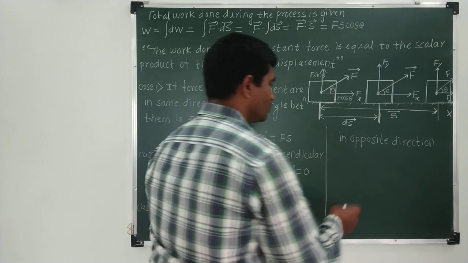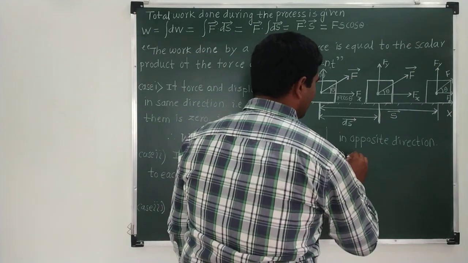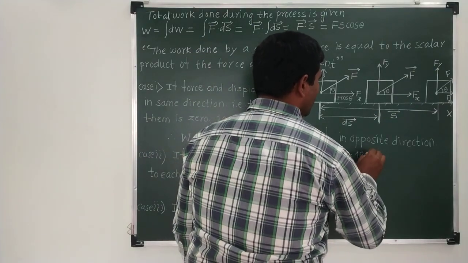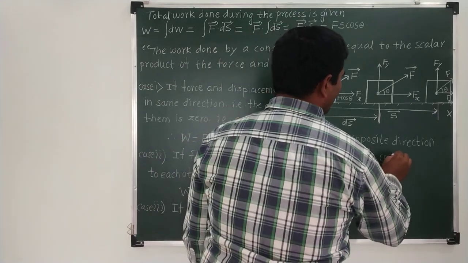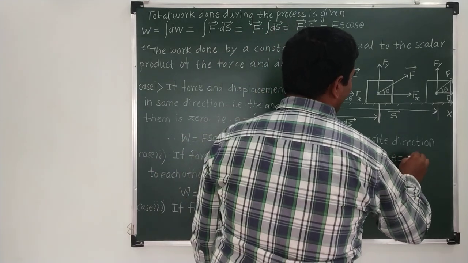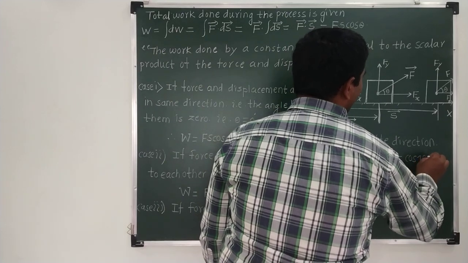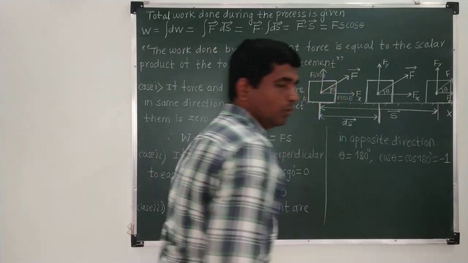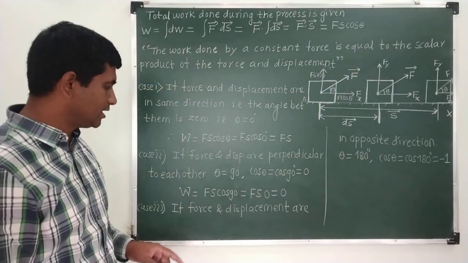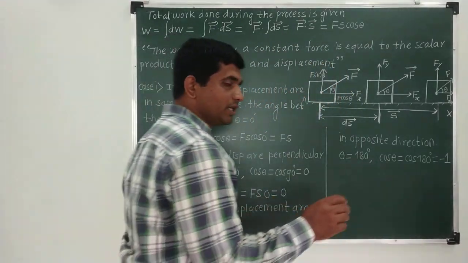So the angle between them is always 180 degree, and if theta is equal to 180 degree, then cos theta is cos of 180 degree, which is equal to minus 1. So in such a case, the work done always comes out to be negative.